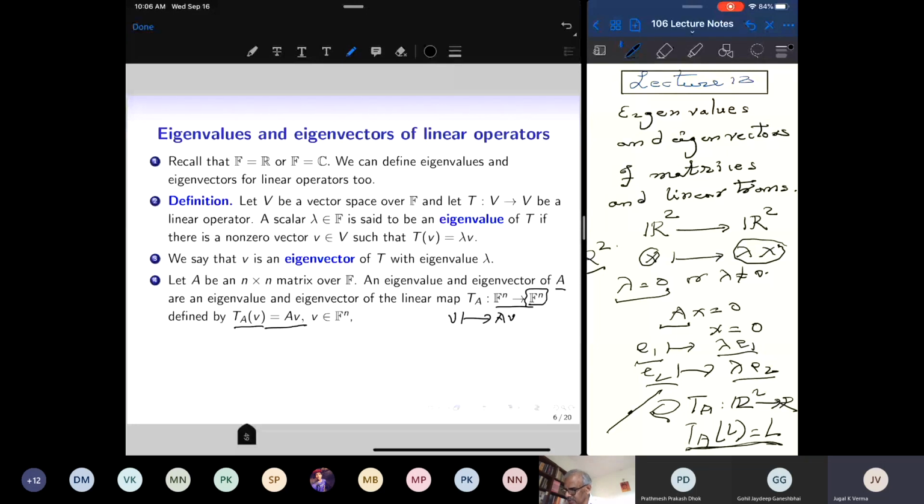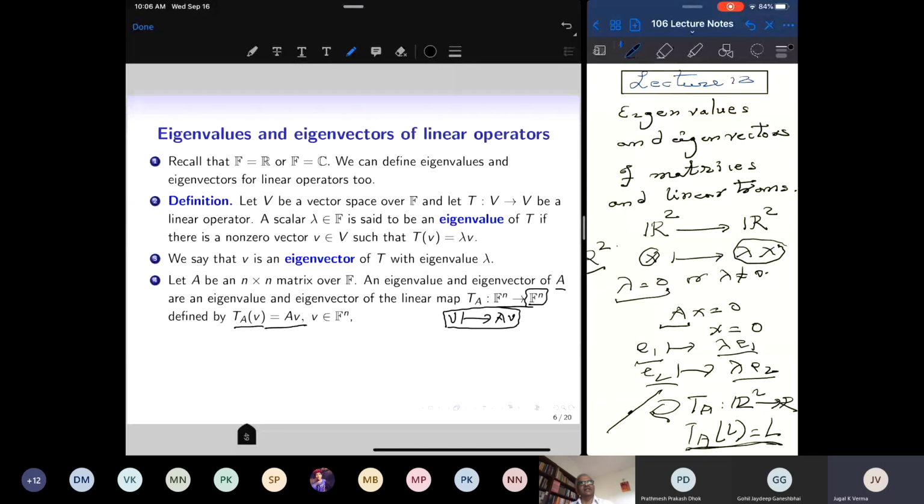This linear transformation may have some eigenvalues and eigenvectors, and we say that these are the eigenvalues and eigenvectors of A. So eigenvalues and eigenvectors of matrices are a special case of eigenvalues and eigenvectors of linear transformations.